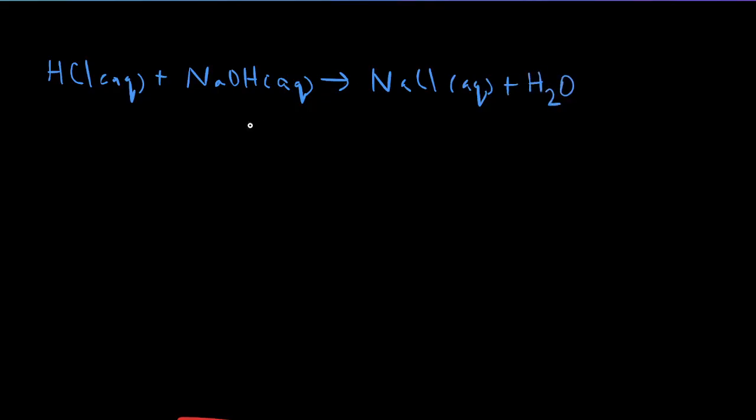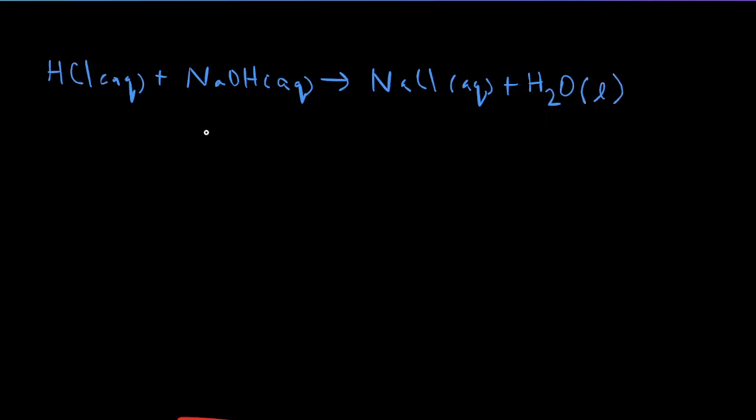So this too can be seen as a double replacement, because we see the hydrogen is going to go to the hydroxide and the chloride is going to go with the sodium, which we see happening. Okay, and so now, again, this is going to be in the liquid phase.